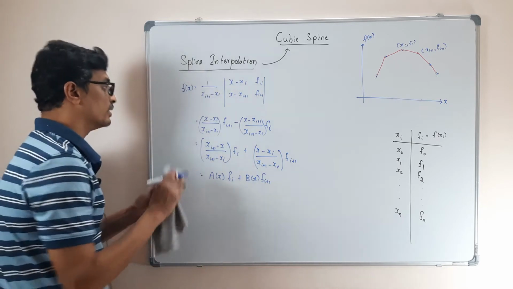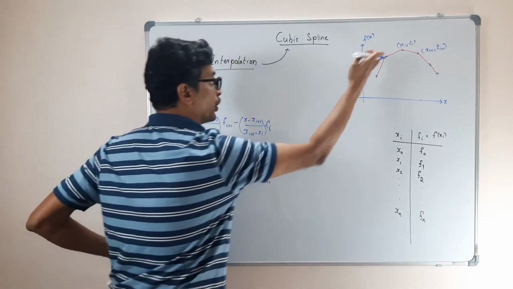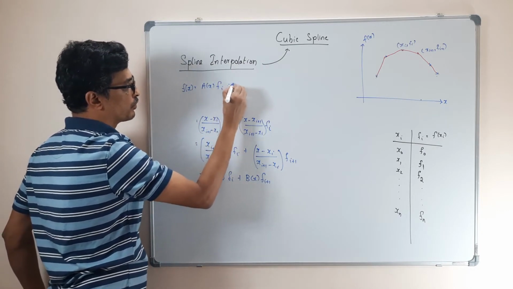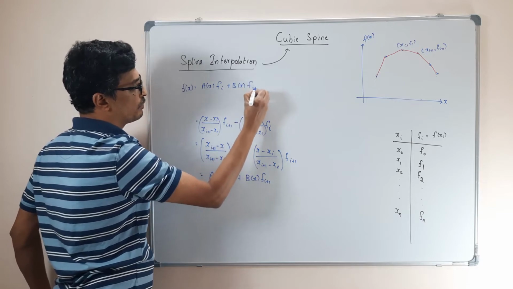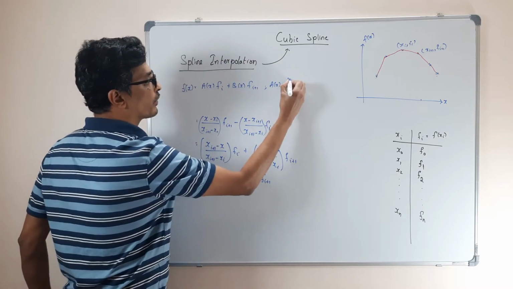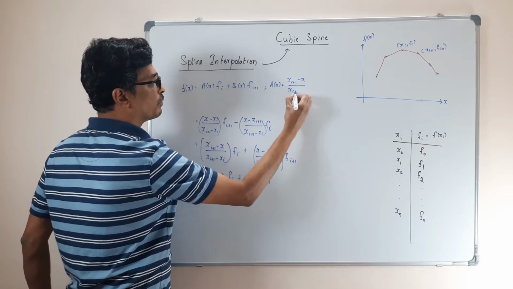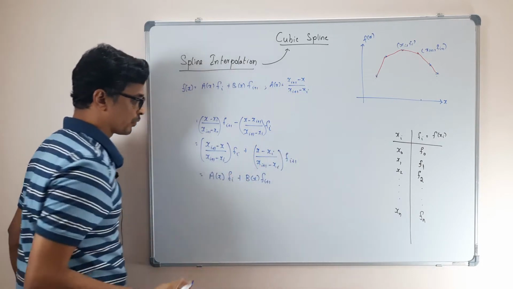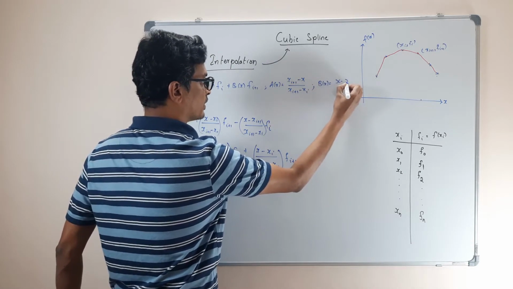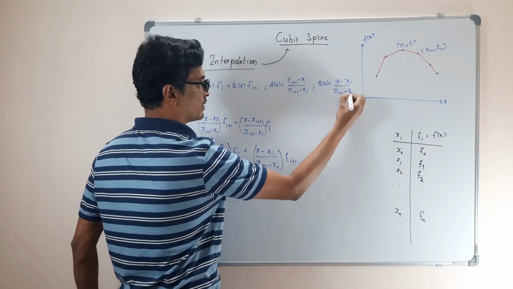So the straight line joining these 2 points can be written as a of x fi plus b of x fi plus 1, where a of x is equal to xi plus 1 minus x divided by xi plus 1 minus xi, and b of x is equal to x minus xi divided by xi plus 1 minus xi.